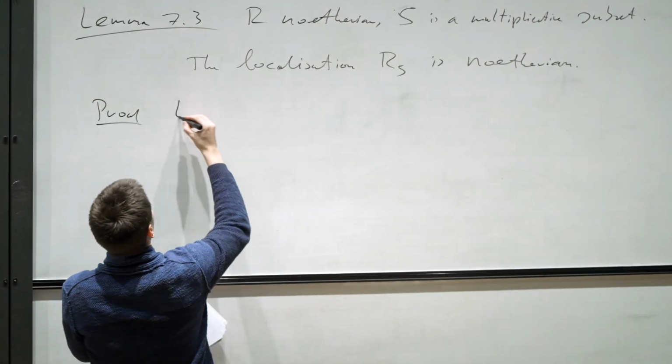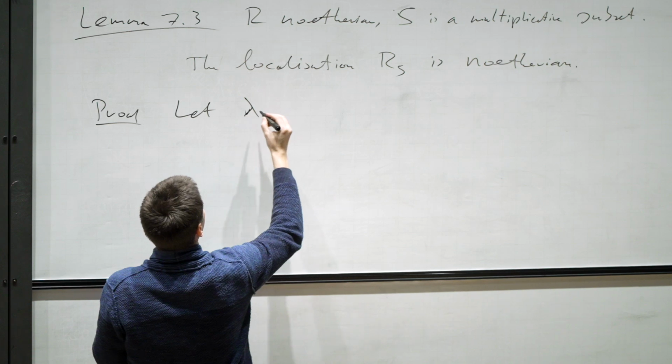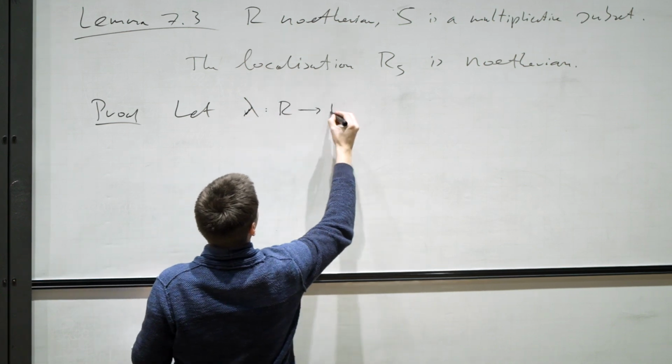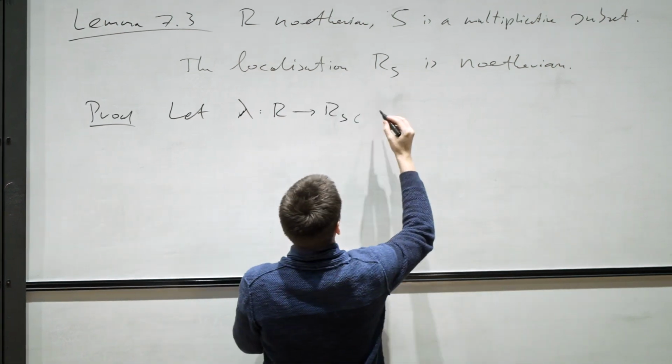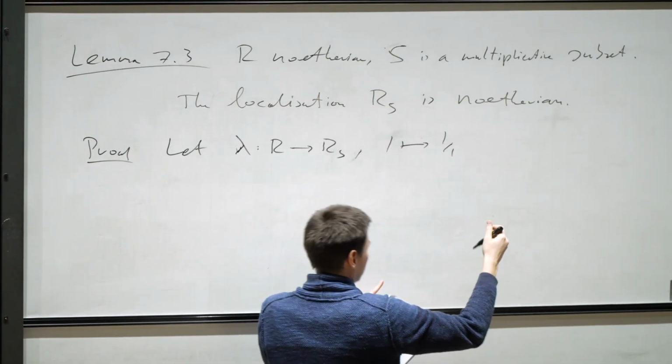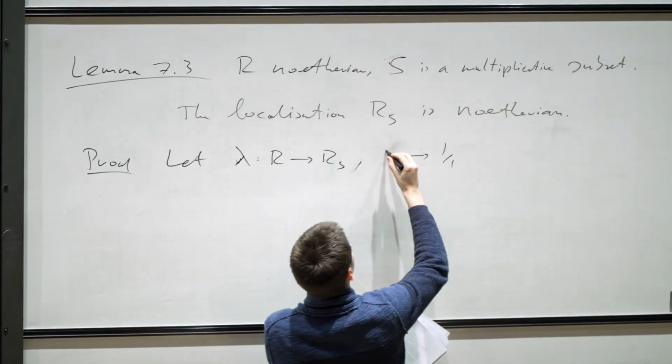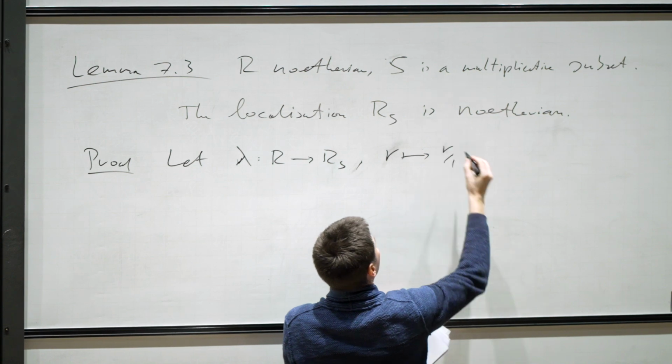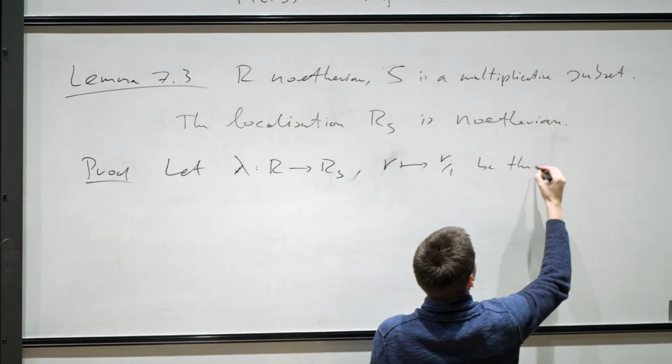Let lambda be the localization map, so R goes to R over 1.